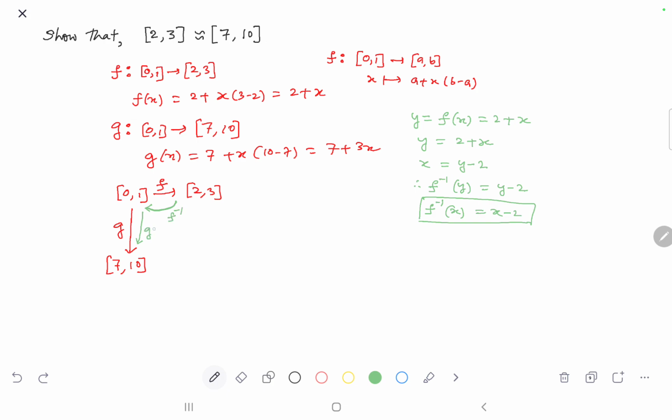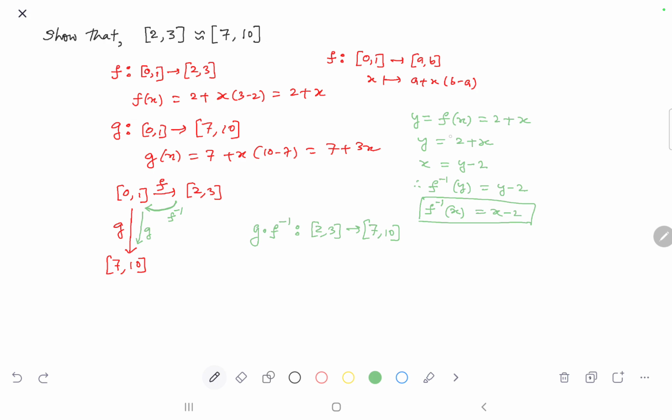Now here you have the G map. So F inverse will be followed by the G map. So G composition F inverse is a map from 2, comma 3 to 7, comma 10.